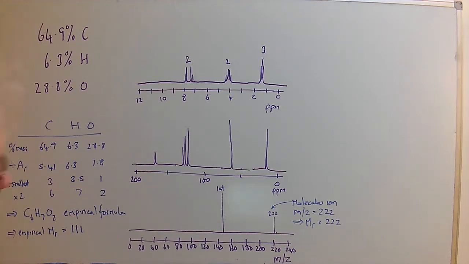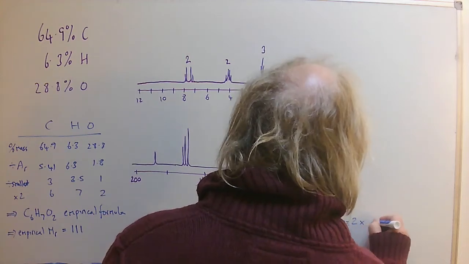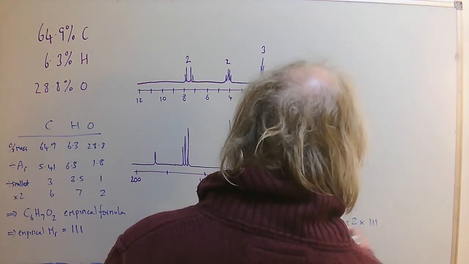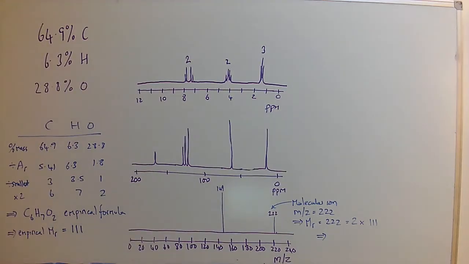And of course the point about that is it's equal to 2 times 111, 2 times the empirical MR, and that means that the actual molecular formula is, we've got to double all those numbers.